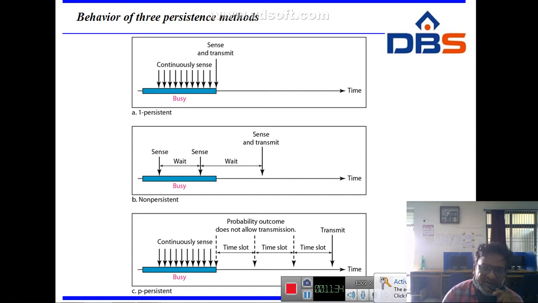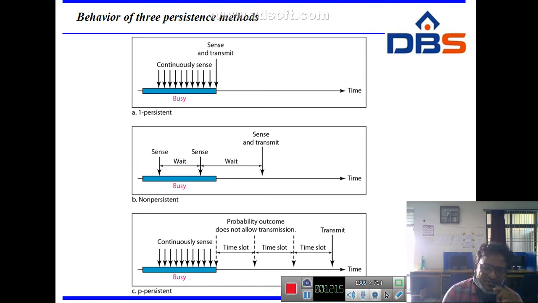For example, consider three stations A, B and C sensing at the same time and finding the channel idle at the same time. A collision will occur between the stations.